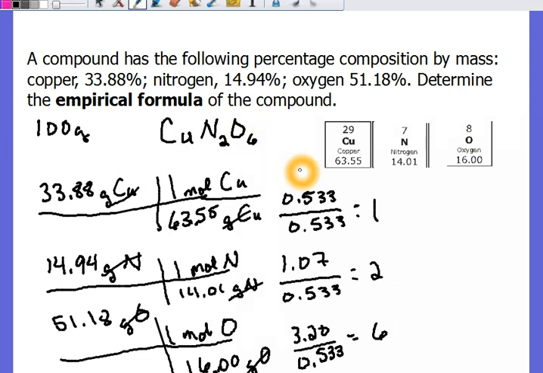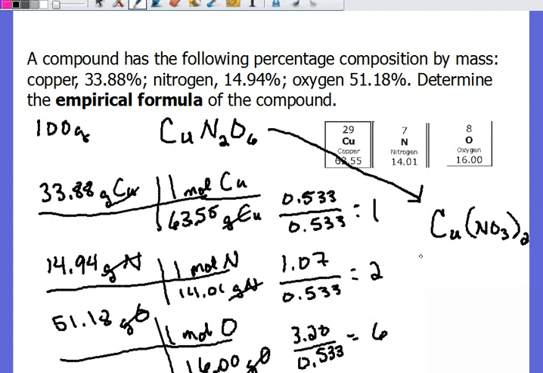And then later, what you'll learn is that this part right here is actually forming an ion called nitrate, where you need 2 of those. So it actually ends up becoming this particular formula, Cu, and then we'll have our NO3, where we have 2 of those, just like that.